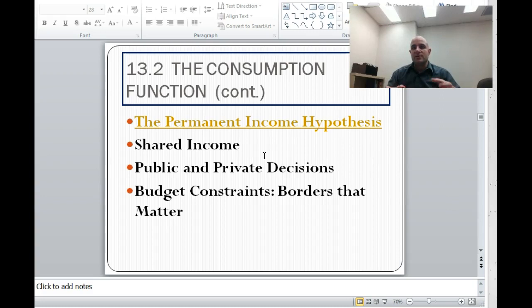No. The shared income hypothesis says that households and families make decisions based on all the money for that household, and that all that income is used to cover all the expenses of that household, regardless of what individuals make.